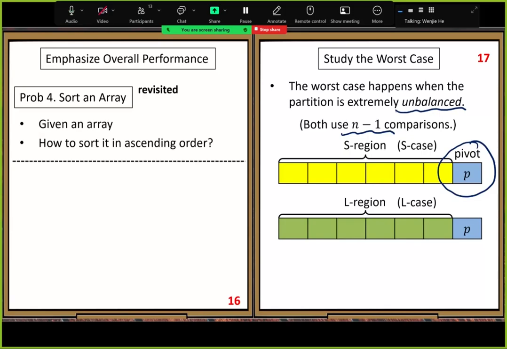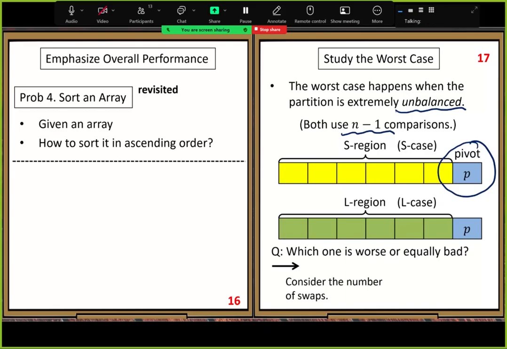If you do this slowest size reduction in every recursion round, then eventually you will get the slowest worst case. And we can find the number of comparisons for this worst case.